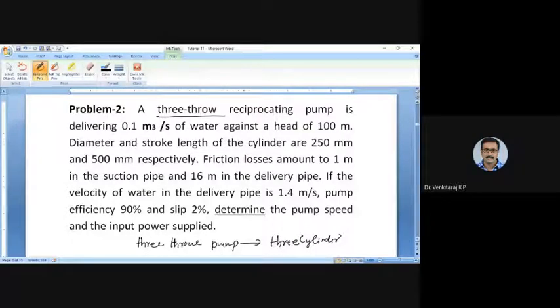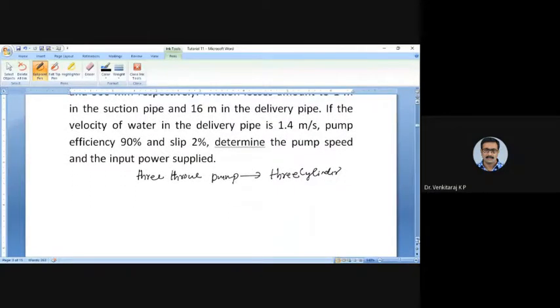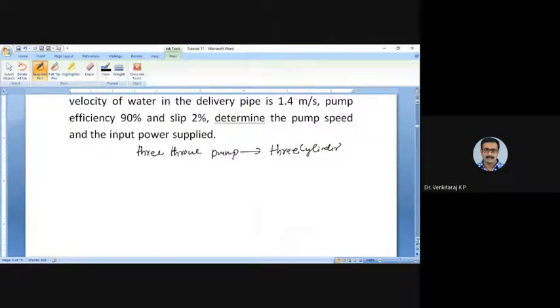That means you have a reciprocating pump with three cylinders. So here the discharge of the pump is given.